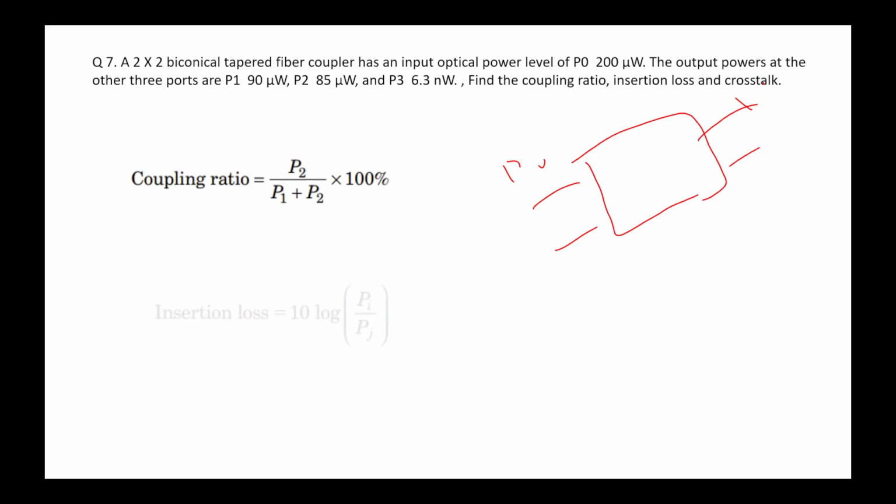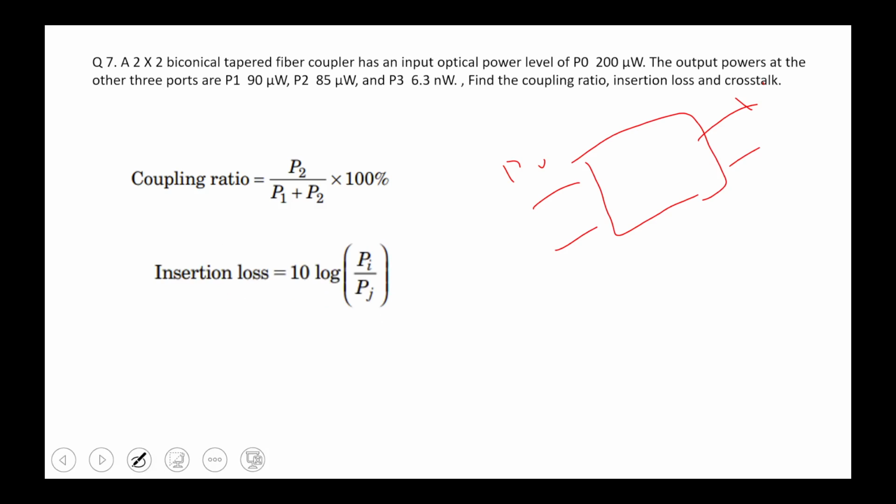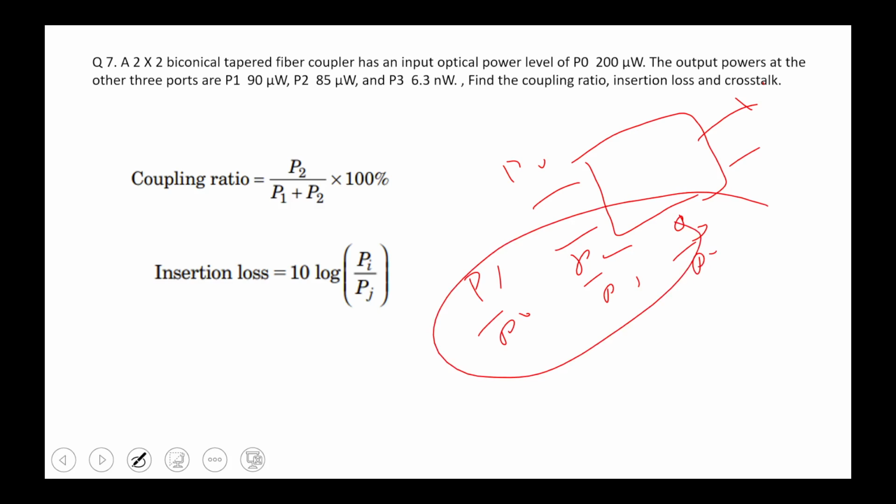So P2 you divide by P1 plus P2. For insertion loss, the formula is minus 10 log of P_j upon P naught, where you take P1 upon P naught, P2 upon P naught, and P3 upon P naught. You can calculate the insertion loss in that case. For crosstalk, you are given P3 as 6.3 nanowatt and P naught, and through that you can calculate the crosstalk. Any doubt? Do you have any doubt in these formulas?